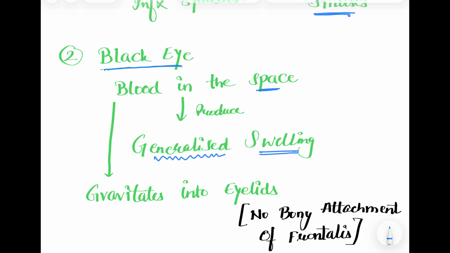The blood is going to gravitate into the eyelids, as there is no bony attachment of the frontalis muscle, leading to the black eye, right? So as there is no bony attachment, the blood reaches the eyelids, causing your black eye.